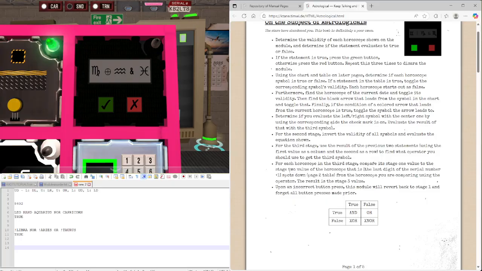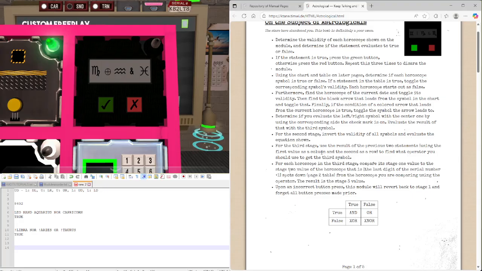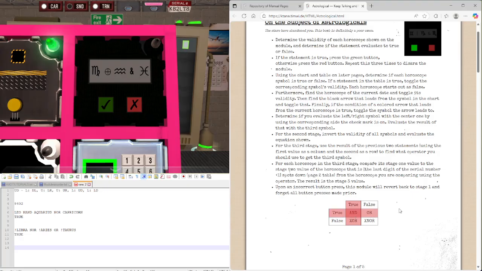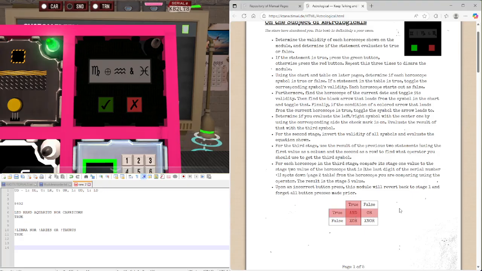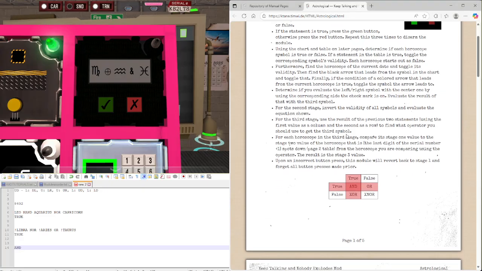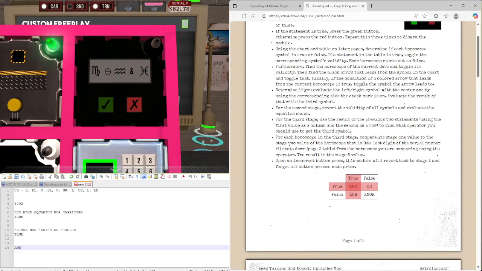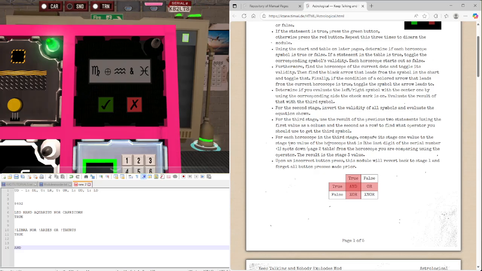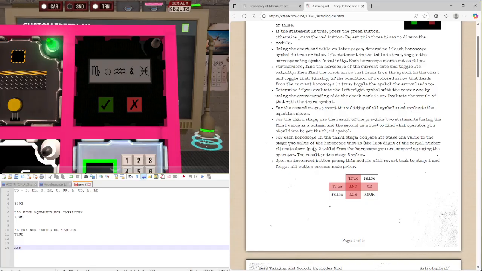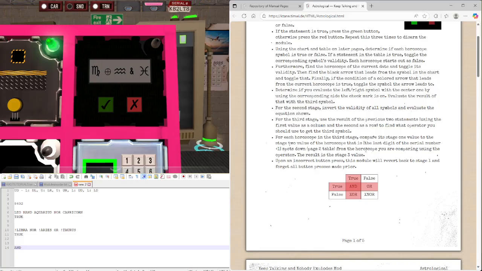And then first stage, you result previous two statements using the first value as a column and the second as the row, which you should use to get the third symbol. For each horoscope in the third stage, compare its stage 1 value to the stage 2 value of the horoscope that is its last stage serial number plus 1, and 9 spots down. So 9 spots down in the table.